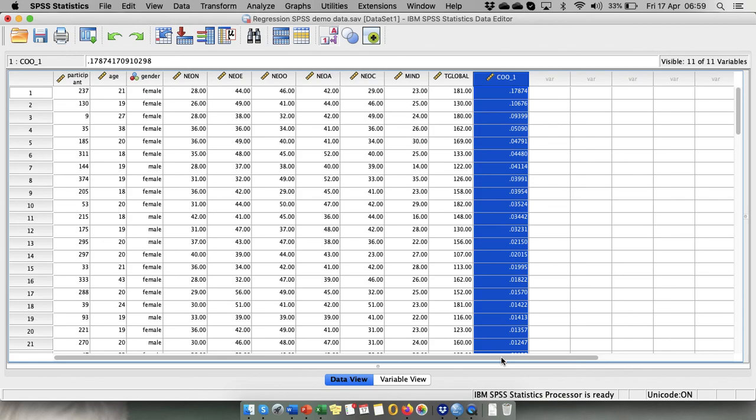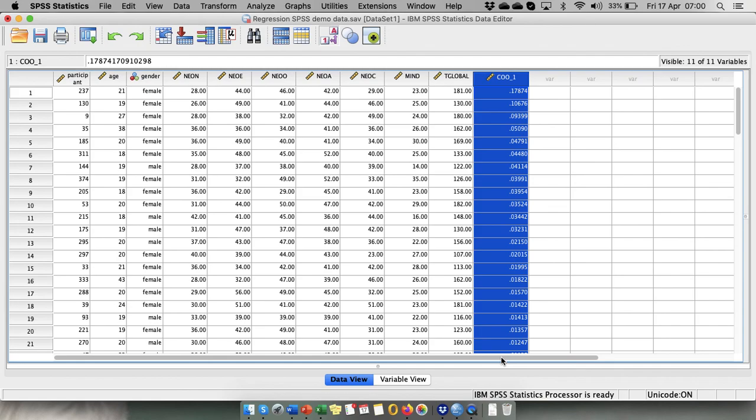When you work with large data sets, you can't just keep scrolling all the way down. Here's 77 people, but if you have a data set of 400 people, you can't be scrolling and paying attention to all these values. So you start looking at your data set in terms of descriptive statistics or sorting the values as ascending or descending.